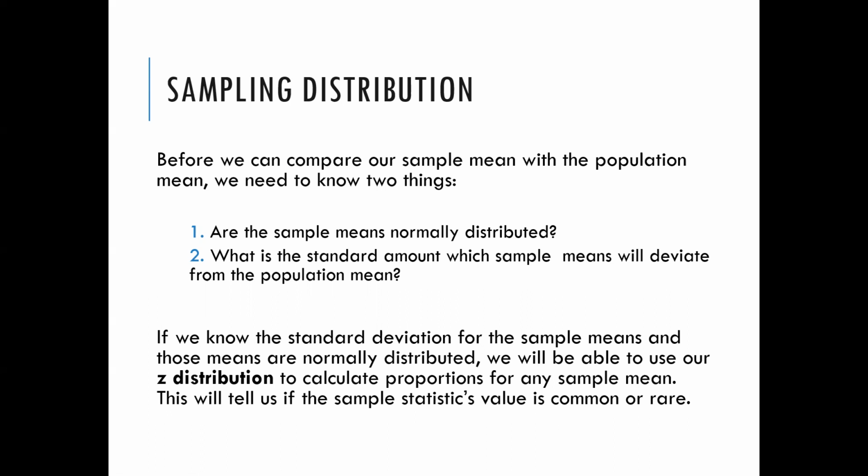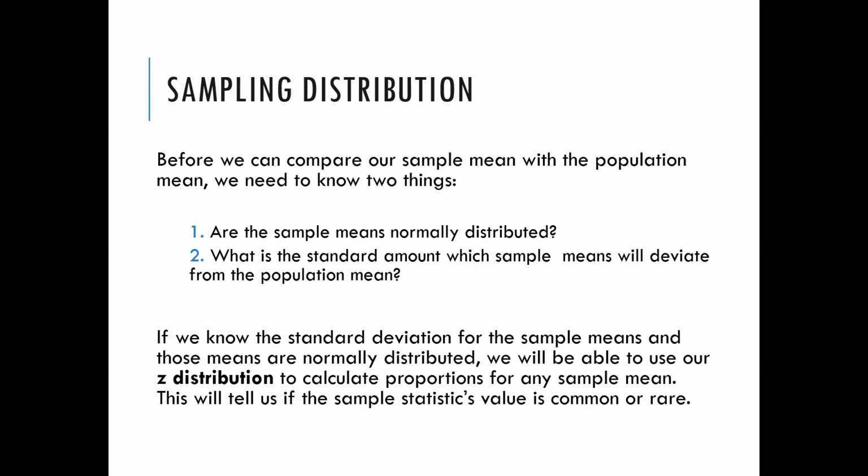So before we can compare our sample mean with the population mean, we need to know 2 things. Are the sample means normally distributed? And what is the standard amount which sample means will deviate from the population mean? Okay, so if we know the standard deviation of the sample means, and those means are normally distributed, we will be able to use the Z distribution, which is actually what I presented in that first slide, to calculate proportions for any sample mean.